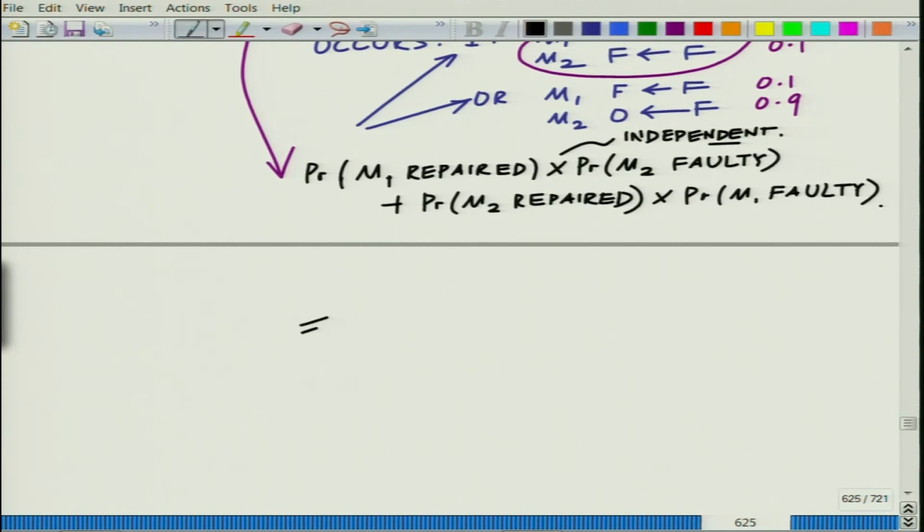So this is equal to the probability M1 repaired, 0.9, times the probability M2 continues to remain faulty, 0.1, plus the probability M2 repaired, 0.9, times the probability M1 continues to remain faulty, 0.1. So this is 0.09 plus 0.09, that is 0.18.